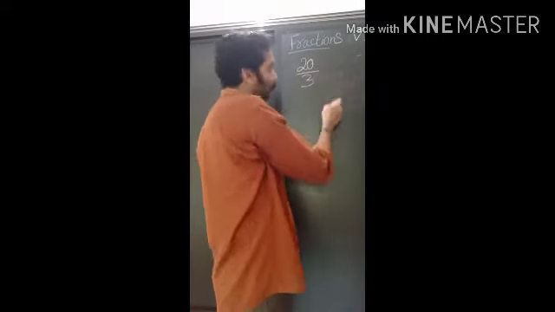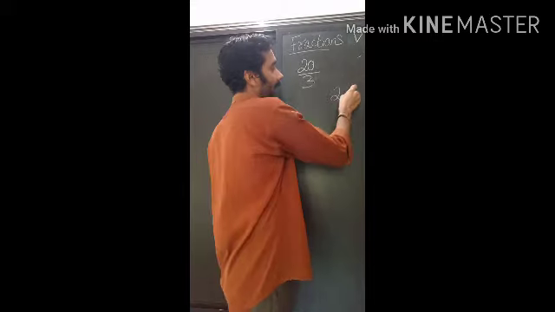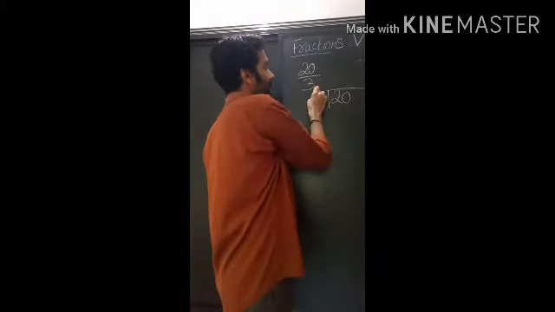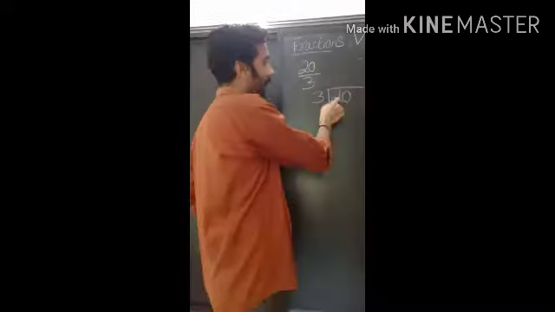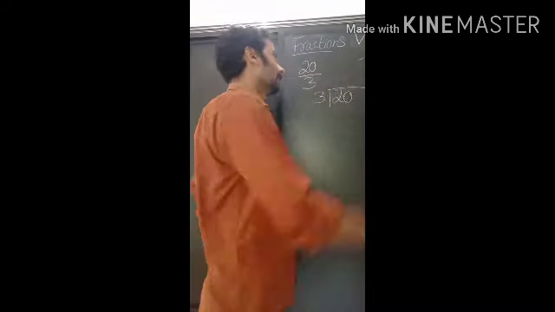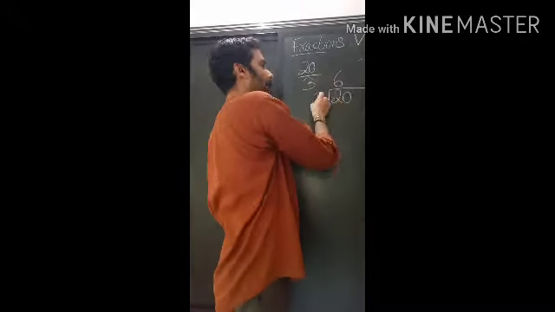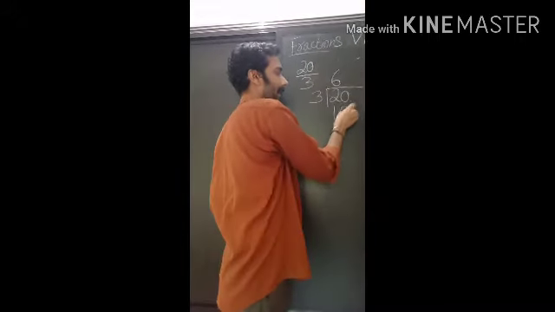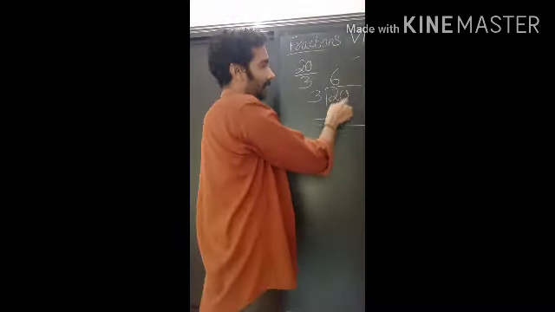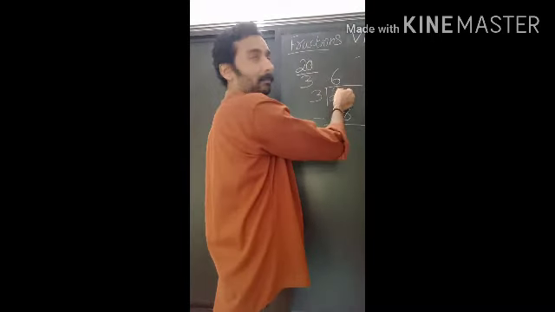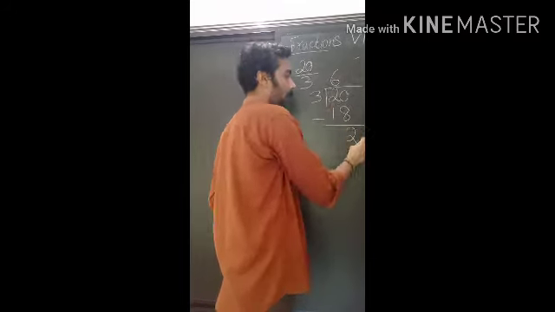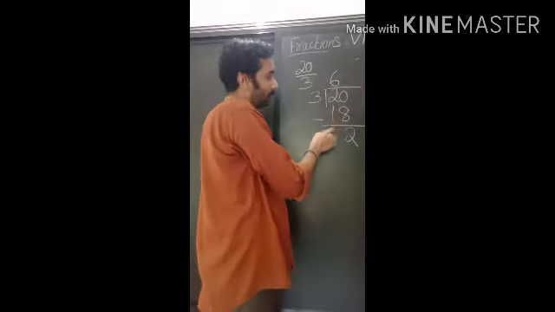First we divide 20 by 3. How many times? 6 into 3 is 18. 0 minus 8 is not possible, so you borrow. 10 minus 8 is 2. Remaining 1, 1 minus 1 is 0.